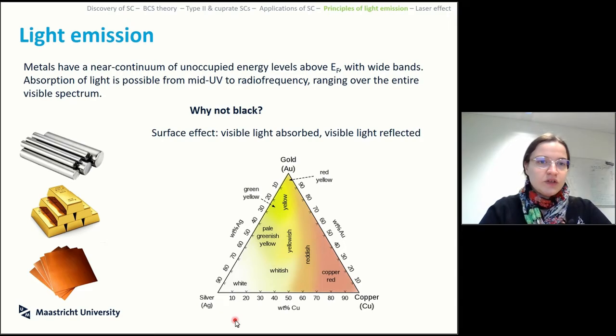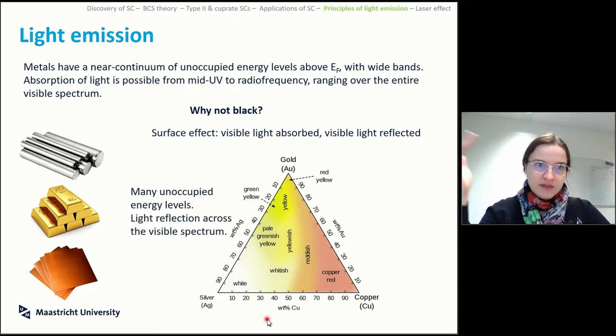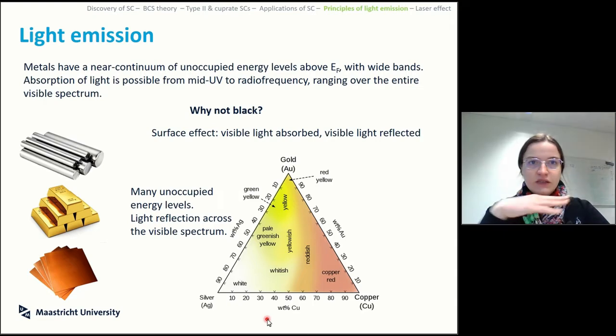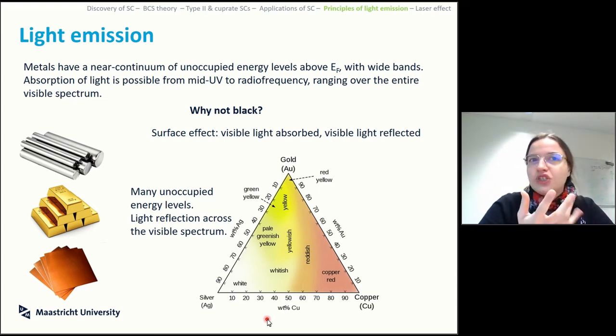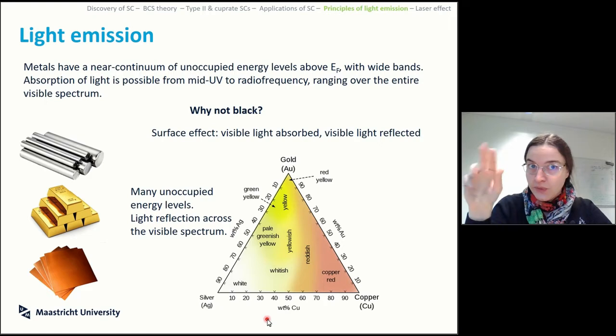So with something like silver, you have a huge series of occupied energy levels. The light reflection goes throughout the whole visible spectra, so you just reflect in white. You see it shiny, grayish, but the hue, as you turn it against the light, is white.